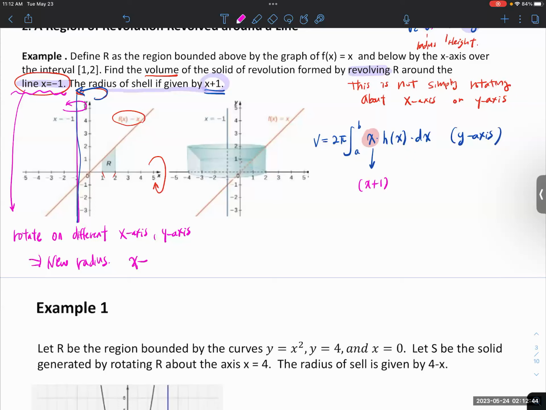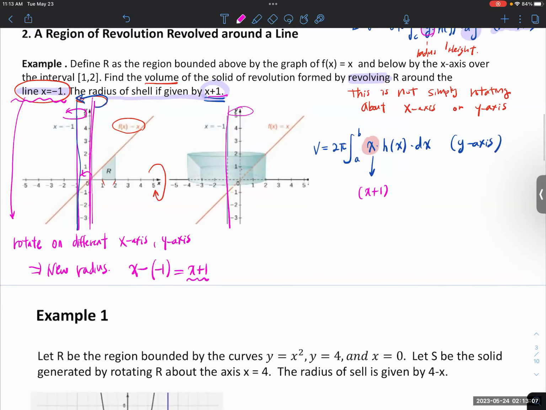Because of x equals -1, you move the center to the other side. Used to, your center was here, but now your center is going to be here at x equals -1. So your radius is going to be x plus 1, as actually given. That's a new radius.